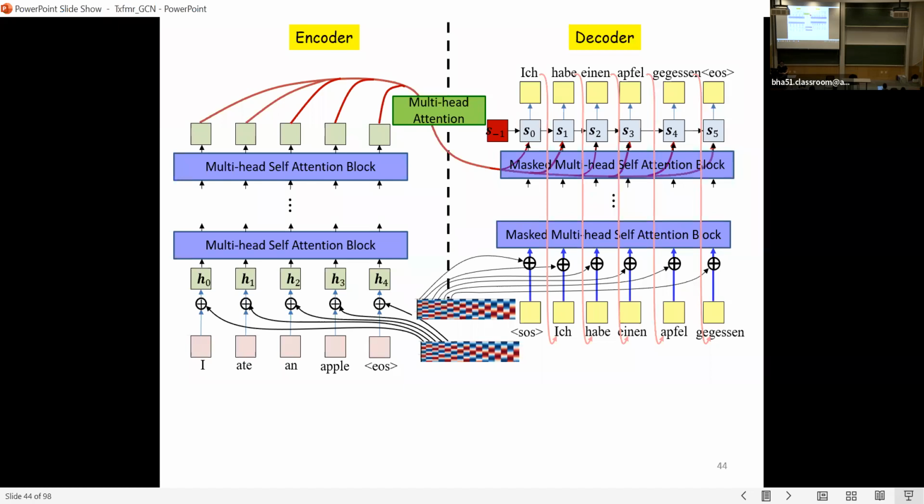At training time, you don't need that. You compute attention over the entire sentence. You just make sure that you mask the next words, and therefore training is fast. Inference is still long, but it's not longer than it was with the RNN if you account for the fact that you have a lot of layers here.